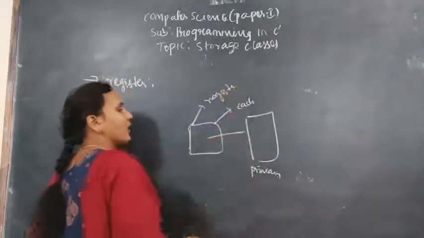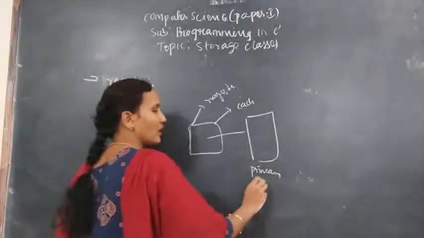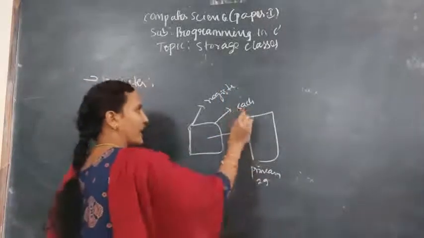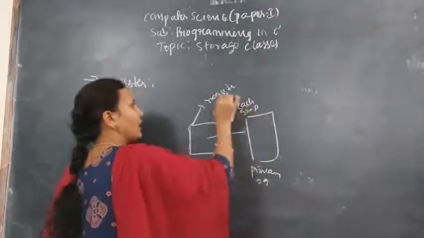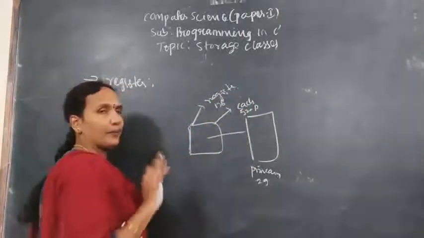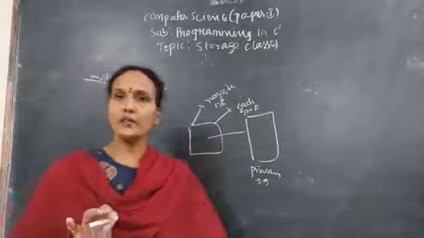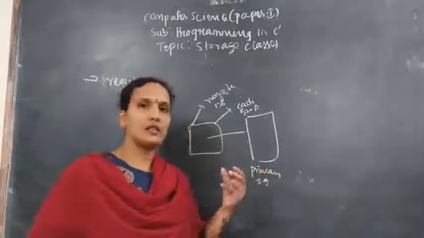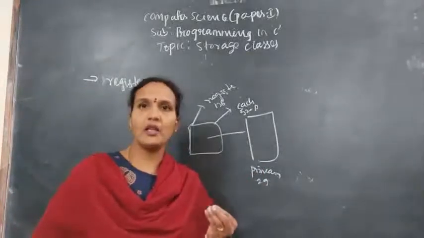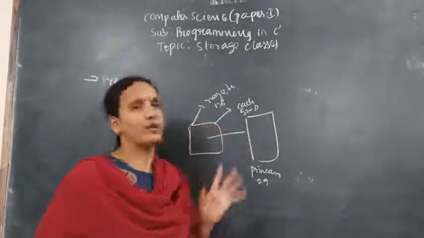Okay, so for example, primary memory size is 2 GB, cache is 520 MB, and the register is 126. What it means is that primary memory is a little bigger compared to the cache memory, and cache memory is a little bigger compared to the register memory.